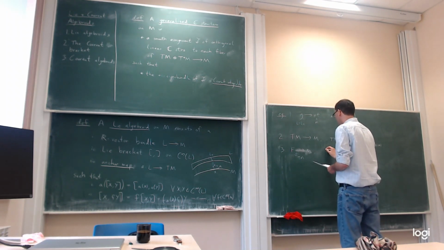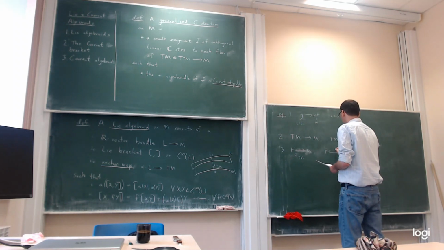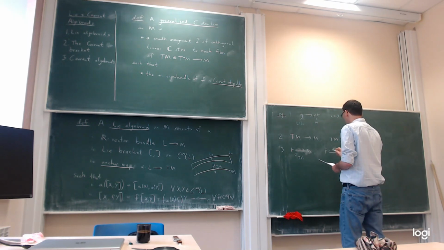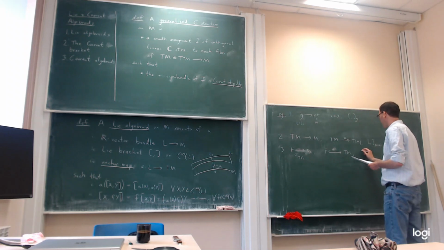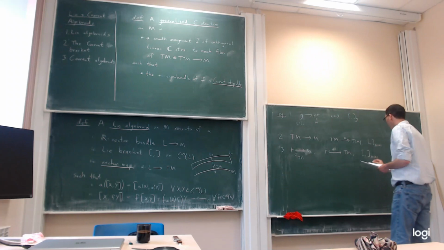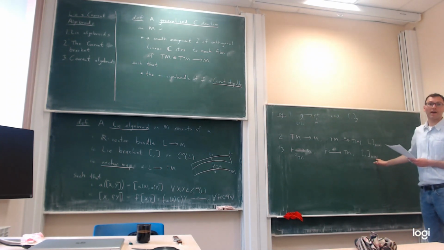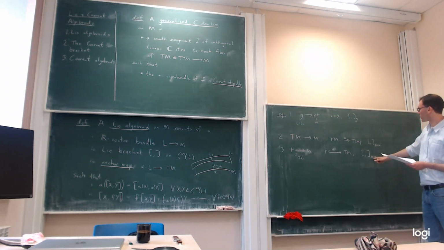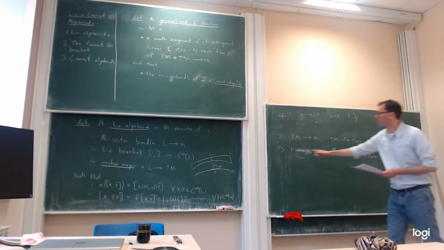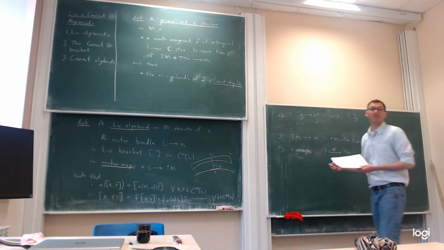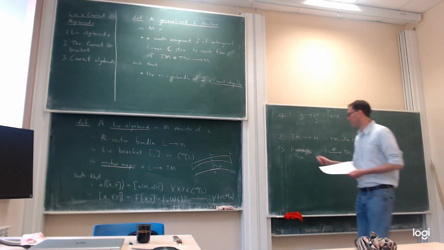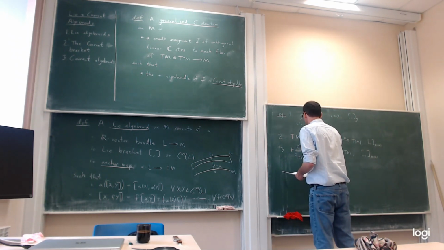In this case, the anchor map is the inclusion of F into the tangent bundle, and the Lie bracket on sections is simply the Lie bracket on vector fields. And this is well defined because we're assuming that F is an integrable distribution, which just means that its sections are closed under the standard Lie bracket. So maybe I'll just make a note of that, integrable distribution.